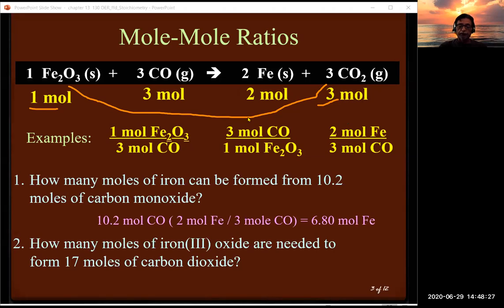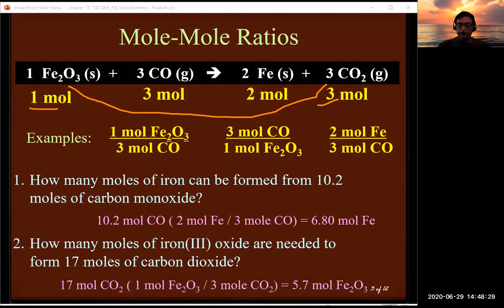And so we can write down what we're given, 17 moles of carbon dioxide. And then from the balanced chemical equation, since we're looking for iron 3 oxide, that's in the numerator, and carbon dioxide cancels out. Moles of carbon dioxide cancel out, leaving us with moles of iron 3 oxide. And so that requires 5.7 moles of iron 3 oxide.